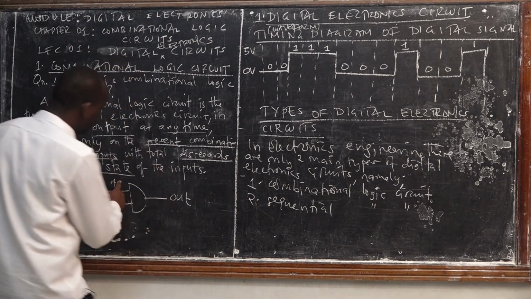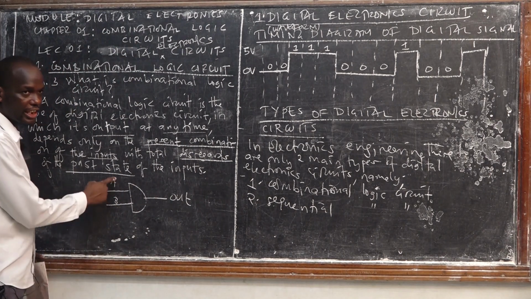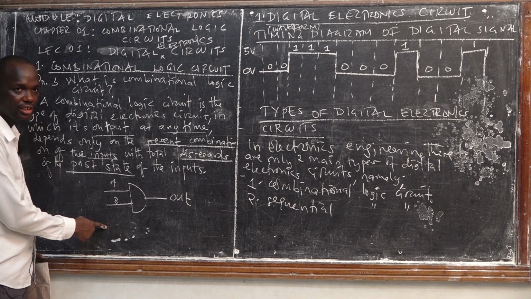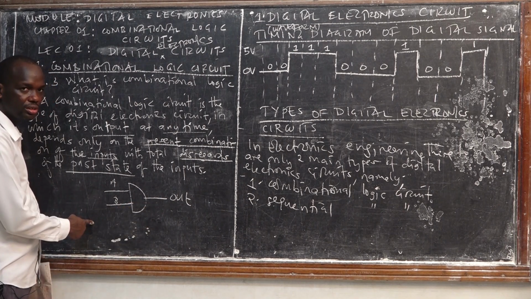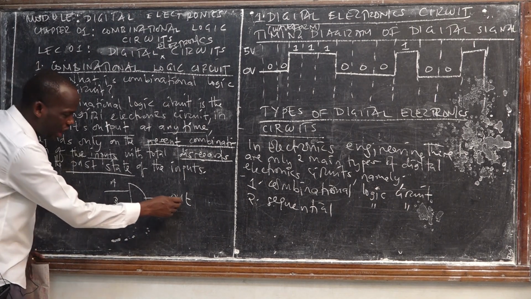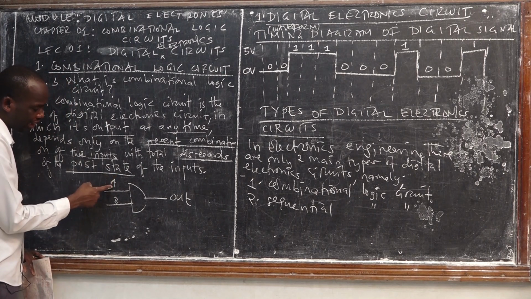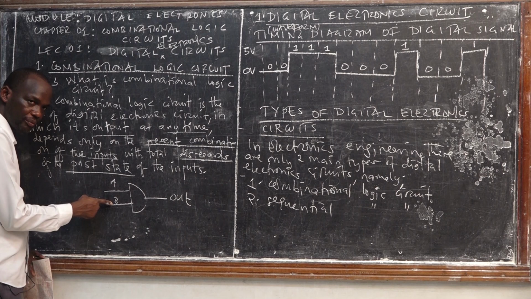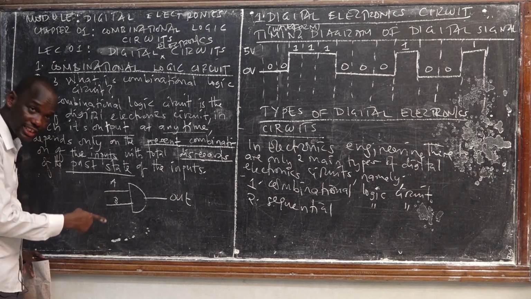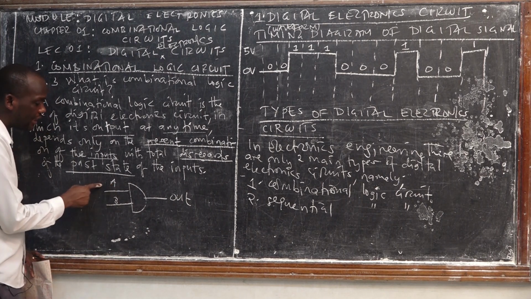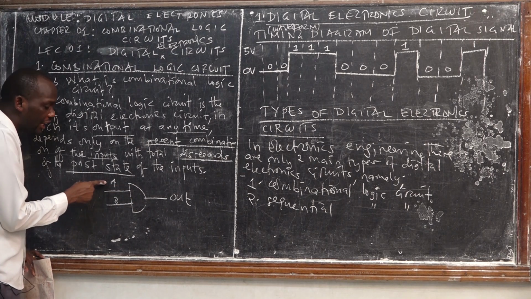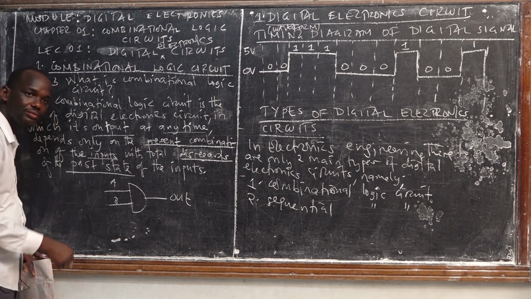This is input A, input B. These are the inputs. We have two inputs, right? And this is the output. Are we together? So this output depends on how we combine input A and input B today, at this time. It does not depend on whether we combined input A and input B yesterday.